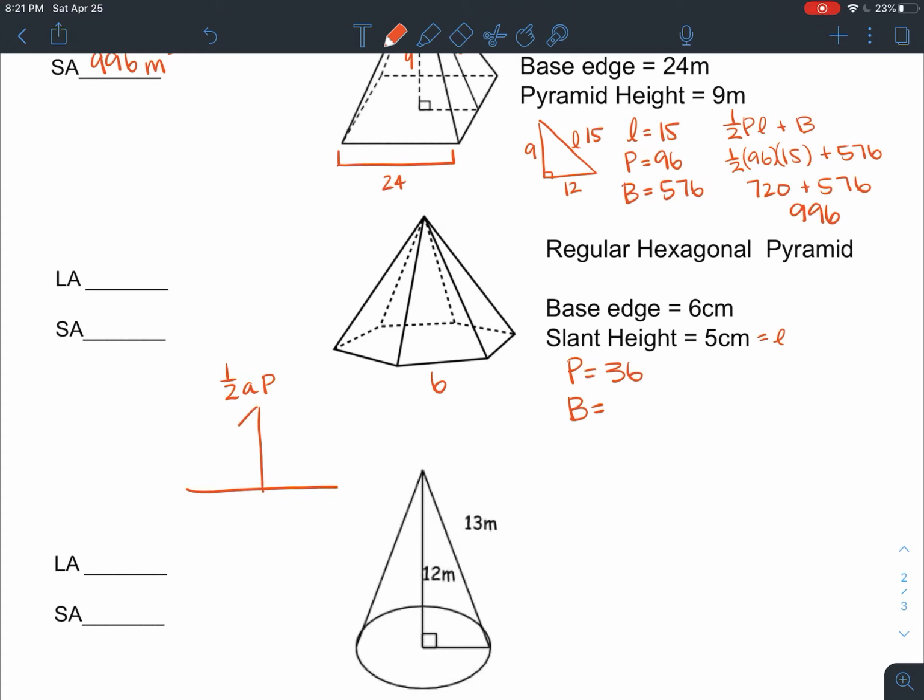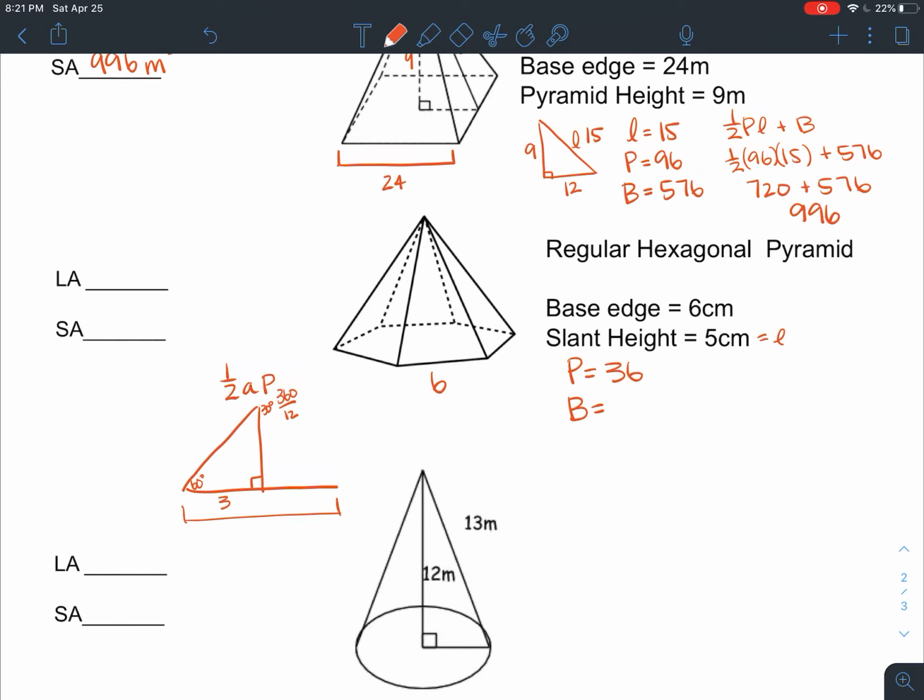When we set this apart, for a hexagon, we end up with 360 divided by 12, which gives us 30 degrees up here and 60 down here. So if our base edge is 6, then this piece is 3.